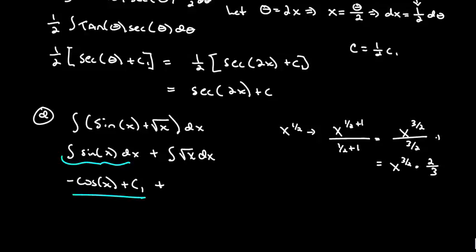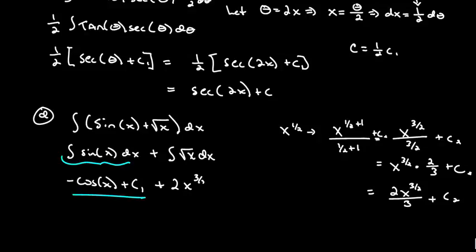Of course we're going to add that constant of integration, put it right here. So this is going to be 2x to the 3/2 over 3 plus, let's call this guy c2, constant number 2.